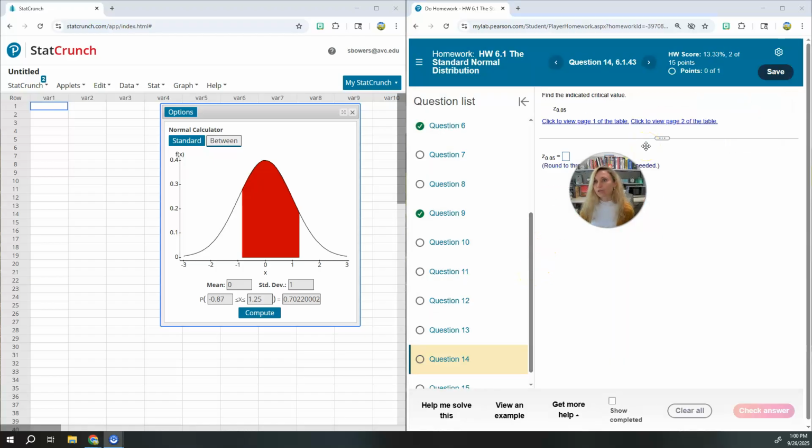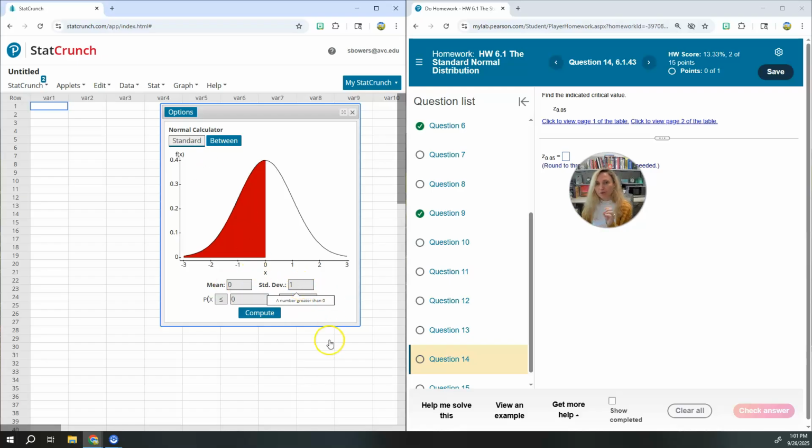In this question, we need to find the indicated critical value z of 0.05. That means we're given the area. We need to find the z-score, which is the value on the number line that separates that critical area, or significant area, from the non-significant region. Again, we are going to use the normal calculator. Mean is 0, standard deviation 1.